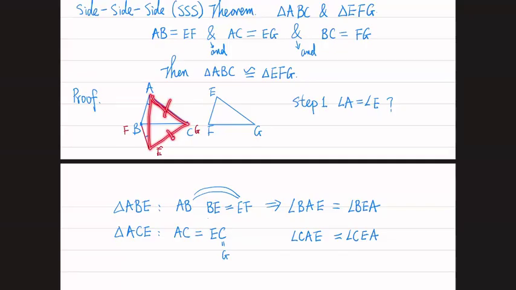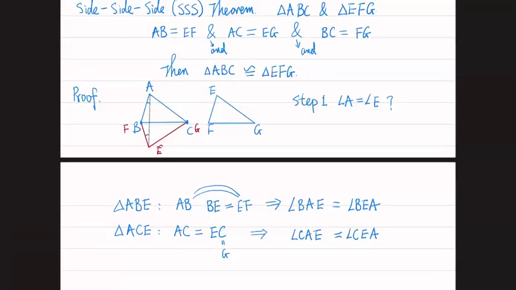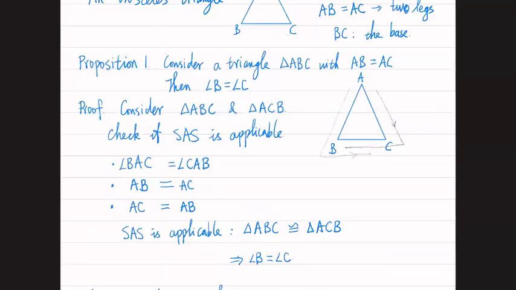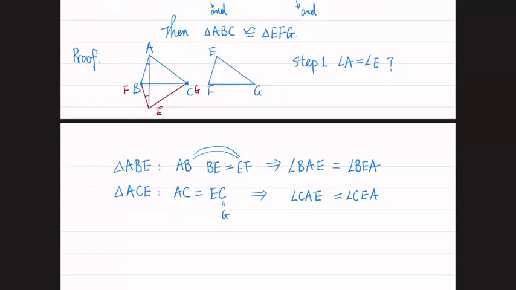That means this is an isosceles triangle, so the two angles must be the same. So we applied the previous theorem: equal sides, equal angles. We applied it twice, once to this triangle, the second time to this triangle.